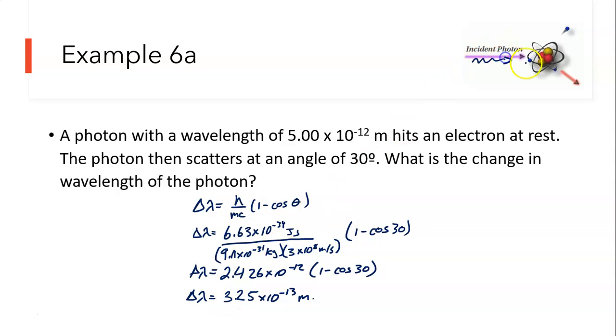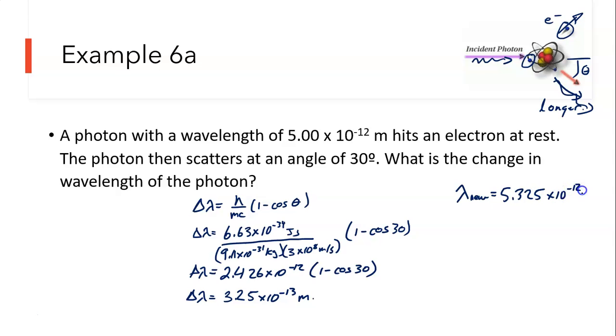As the photons come in, they deflect off at some angle, passing on some of the energy and momentum to the electron, which means the photon is losing energy, so its wavelength has to get longer. And so the new wavelength, and I know this is not what's being asked, is really taking the old wavelength and adding this amount to it, which is 5.325 times 10 to the negative 12 meters.